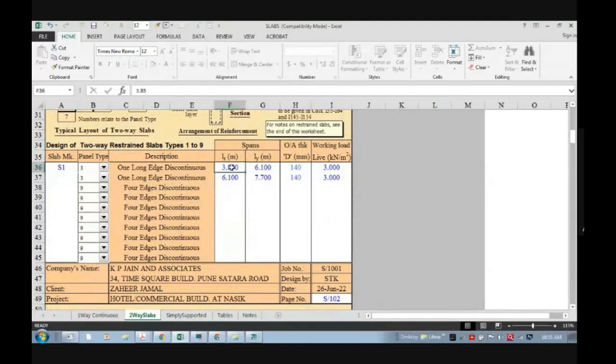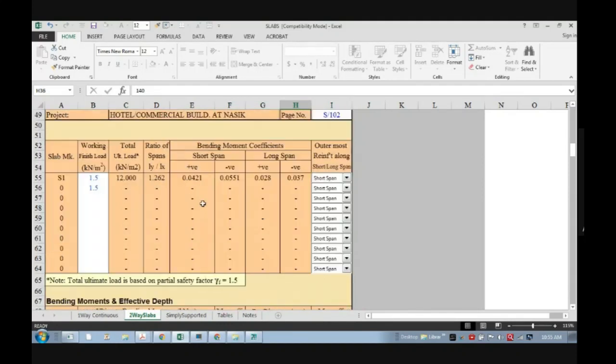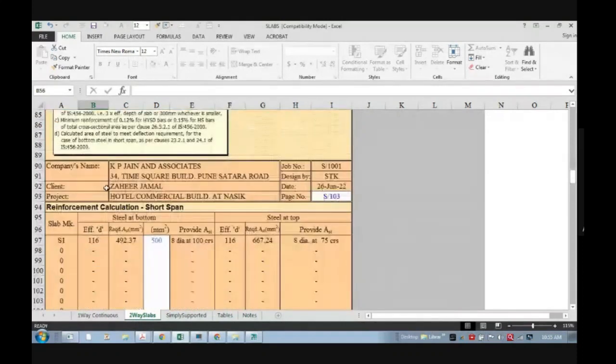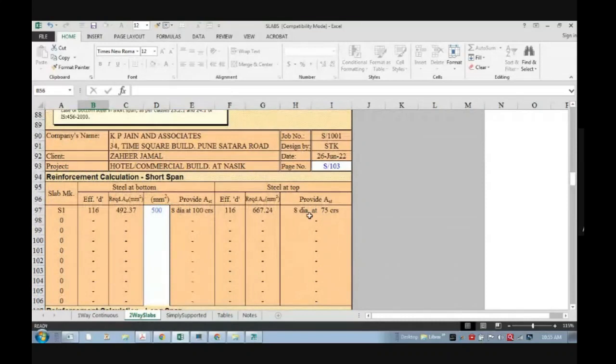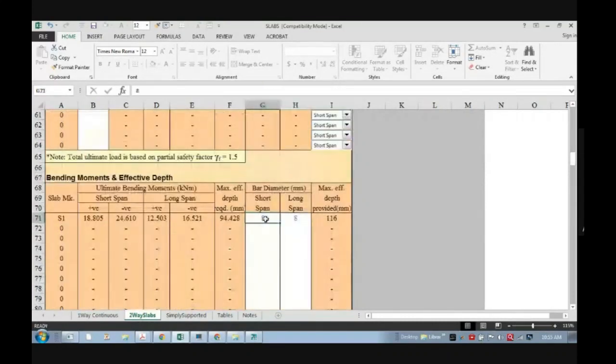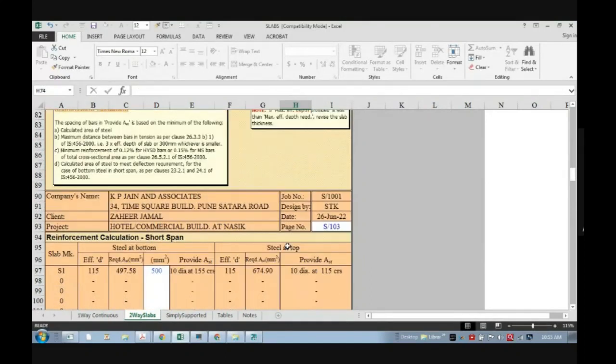Let's do here only 6.1, 7.7. So the spacing is coming out to be 8 at 75, which is not comfortable actually. Generally, don't go more than 100. So let's take the diameter as 10 and just go over here.